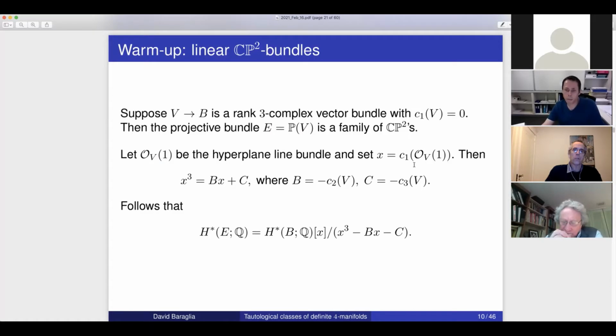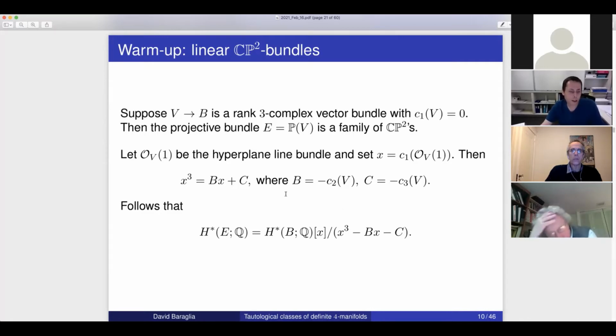Then you have X cubed. Basically, X satisfies an equation whose coefficients are the Chern classes of V. In fact, this is the Grothendieck definition of the Chern classes.